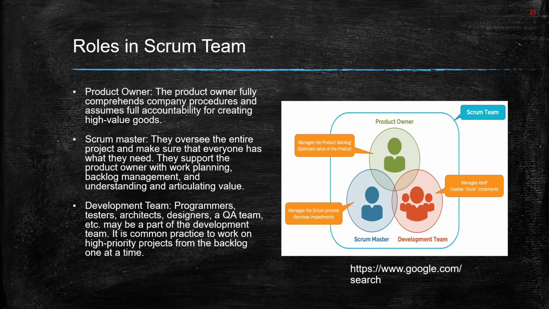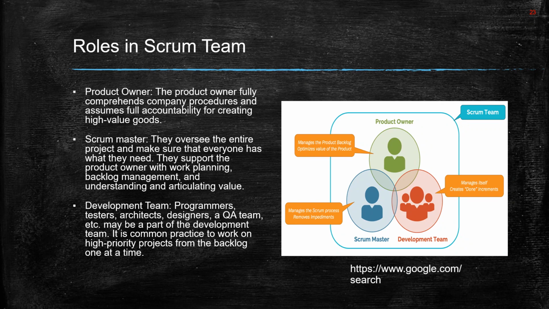His main aim is managing the Scrum backlog and interacting with the stakeholders. And moving to the Scrum Master, he is an expert in the Scrum framework. He helps his teammates complete their work and is responsible for protecting the project from any distraction.